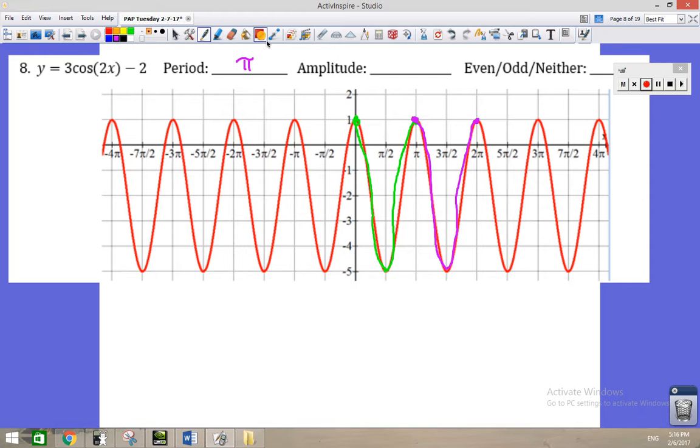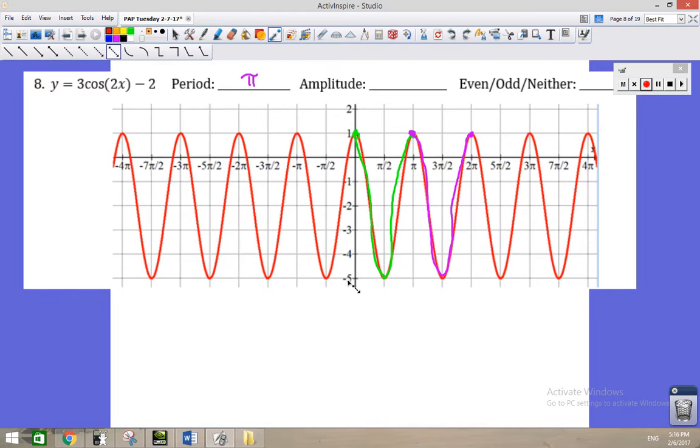Now the amplitude, I need to find the center line. If this is negative 5 and 1, then I go up 3, 1, 2, 3. My maximum points are 1, 2, 3 units above there. If you're at negative 2 and you add 3, you'll be at positive 1.